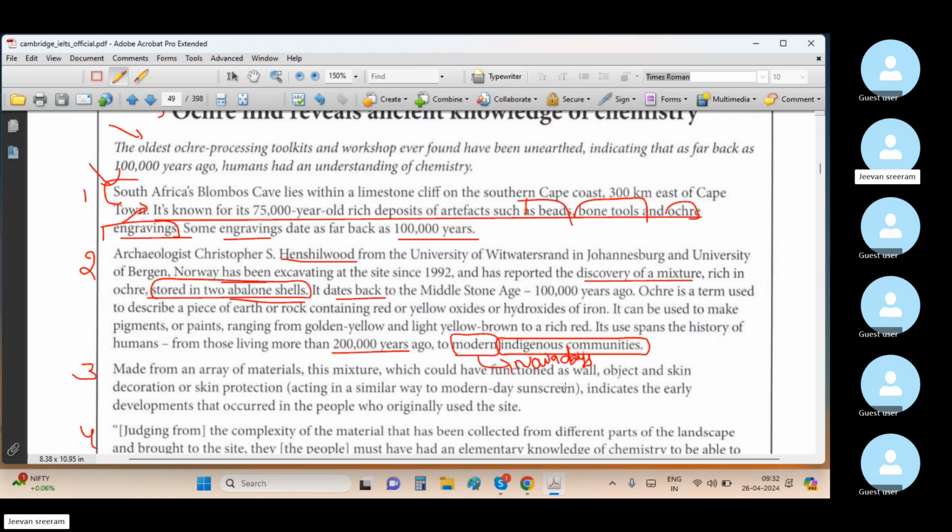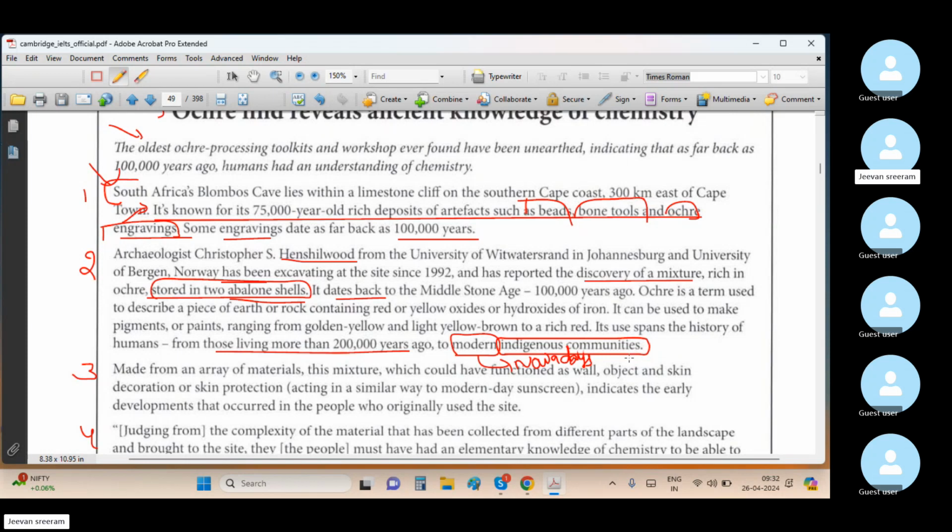Indigenous communities. Its usage has been going on for the past 2 lakh years till date. So its use spans the history of humans, from those living more than 2 lakh years ago, and also till date, modern indigenous communities.